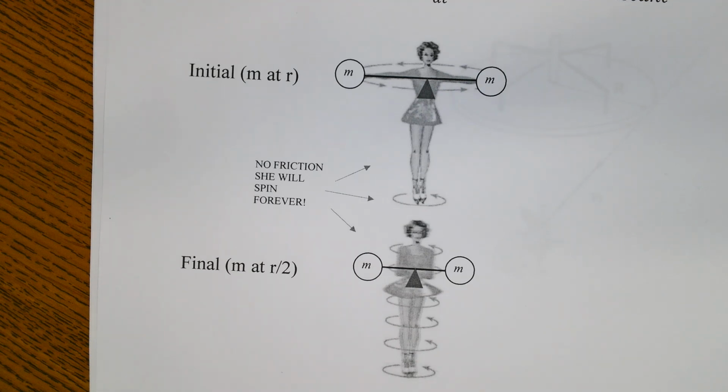As they come in, they tuck in, they put the leg in and the arms in really tight. Then you see them twirl really fast, and that's just conservation of angular momentum.